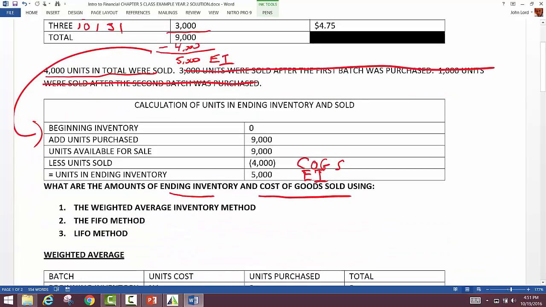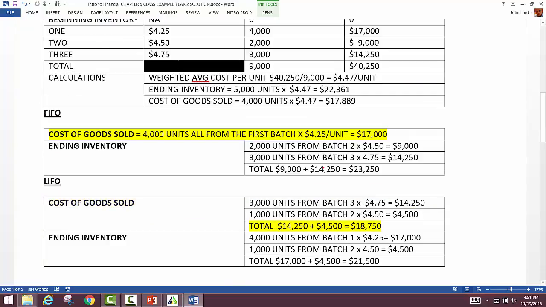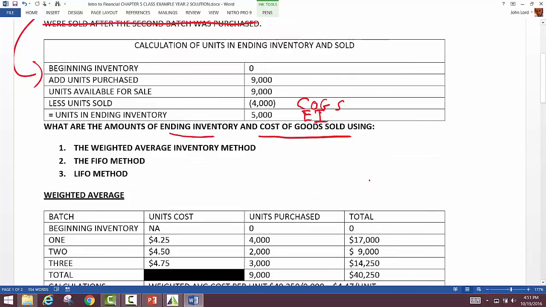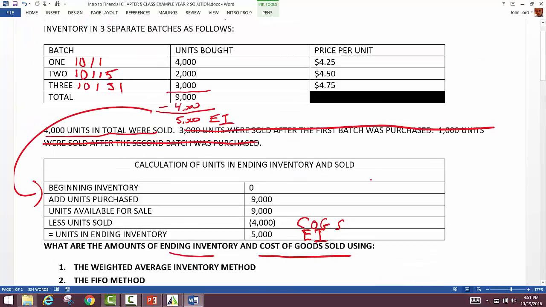So we multiply the 4,000 units times the $4.25 price for that first batch. They sold all of those, don't we assume that? I don't care if you reached in the back and grabbed some of those later ones. We assume all the 4,000 that came in at 10-1 got sold first, at $4.25.